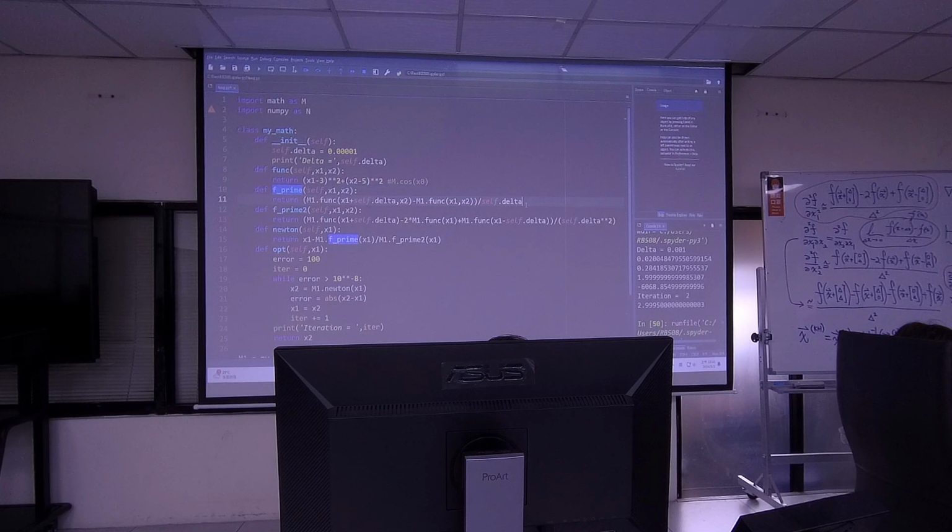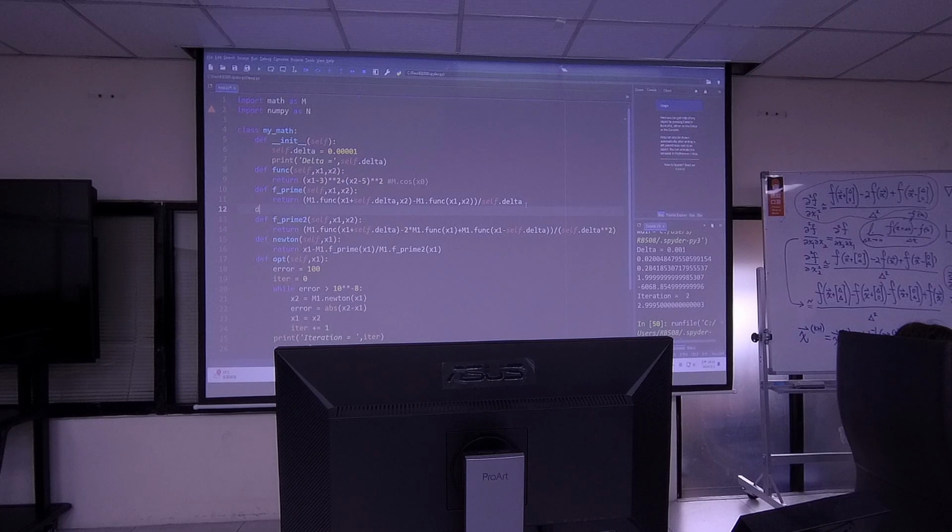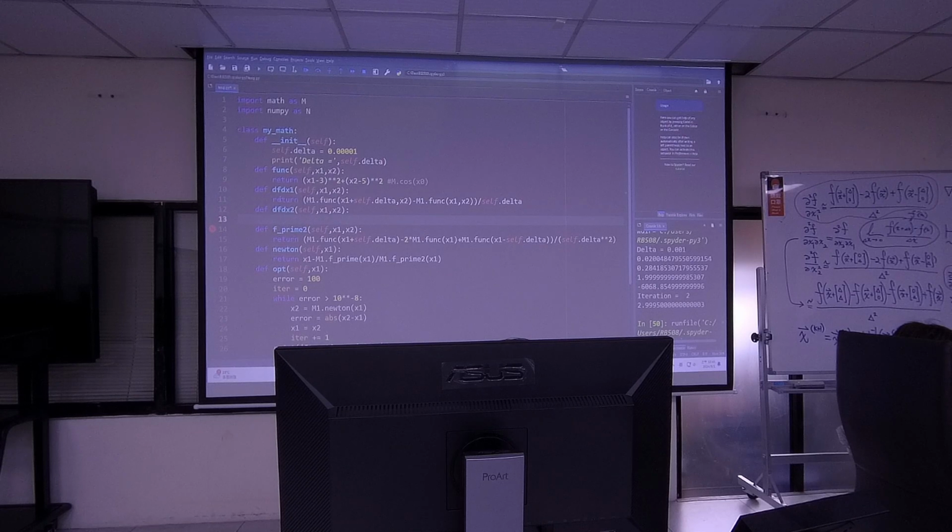So I need a second line. Also f prime, but now I don't want to call it f prime anymore. It should be something called df dx1, and this should be df dx2. Derivative with respect to x1 and x2. They should be separate.